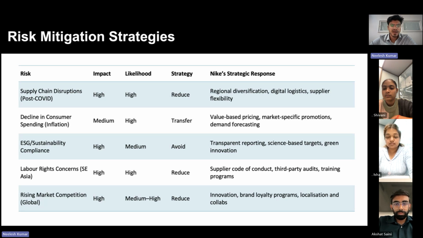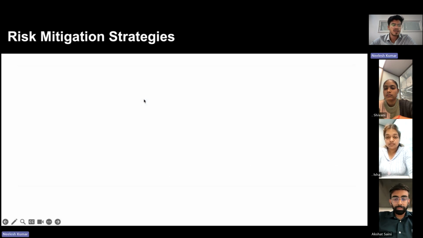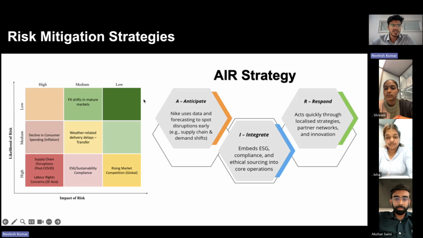It stays ahead by investing in product innovation, loyalty programs, and region-specific collaborations to deepen customer connections. These tailored strategies show how Nike aligns its risk responses to specific global challenges. Let's head to the next slide.